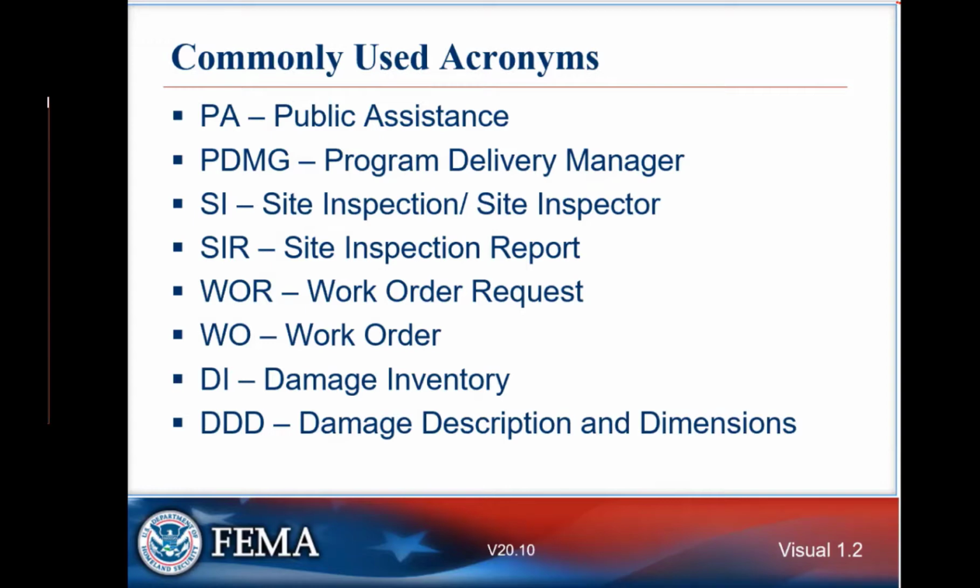We also have DDD, which is damage description and dimensions, and it's just what it sounds like. The DDD is what the site inspector writes up based on the site inspection report, and it is a description of the damages that you have identified. And this is what the Consolidated Resource Center bases their scope of work and cost off of.